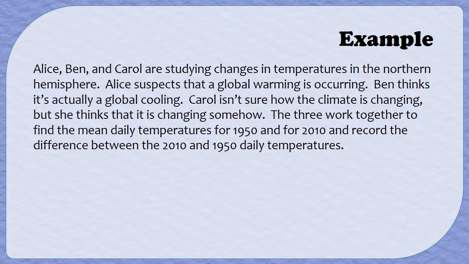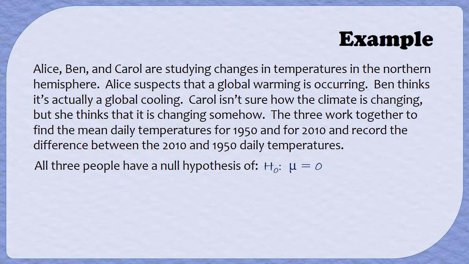So if 2010 and 1950 were about the same, when you subtract them, you would get 0. So if temperatures are not changing, then the average difference between the two temperatures would be 0. This is going to be our null hypothesis. So the null hypothesis is that mu equals 0. There's no change in temperature occurring.